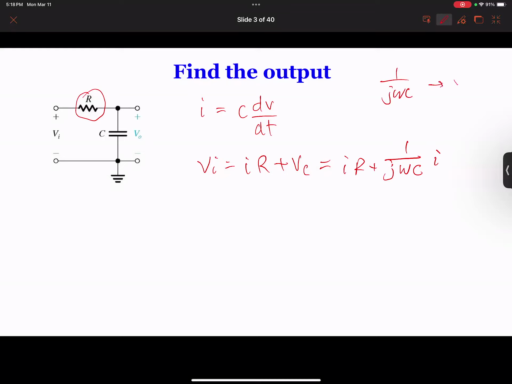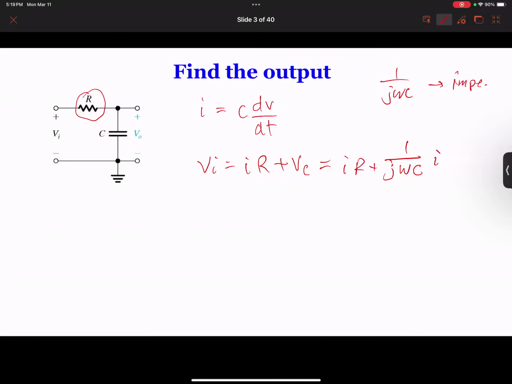It's the impedance of the capacitor. But that J omega is a complex number. I'm just giving you a review of what we have learned before. But in circuit theory and in controls, having a J omega is a little bit too much. During the process, you have J squared equal to -1 and all that stuff comes in.